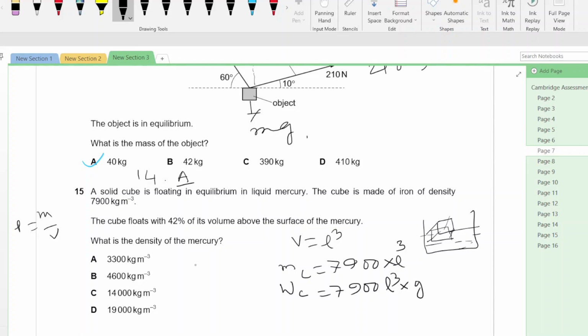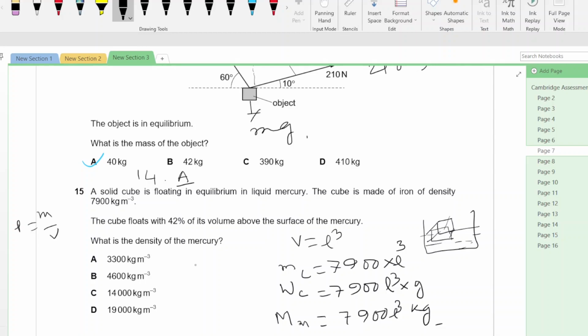According to Archimedes principle, this is the weight of the mercury displaced by the cube, and the mass of the mercury is 7900 L cube kg.